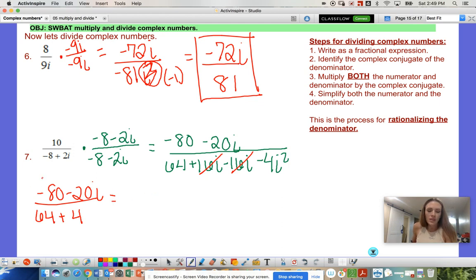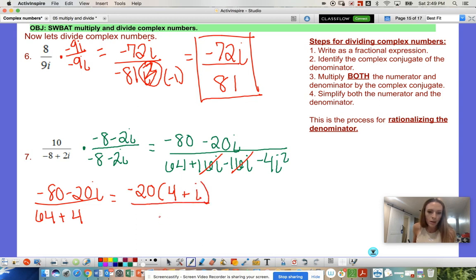Okay, this 80 and this 20 have a lot in common. So let's actually pull a 20 out of them. You can even pull a negative 20 out of the top because sometimes we can get that to cancel out with the denominator. So if we pull negative 20 out on the top, that leaves us with 4 and then plus i.